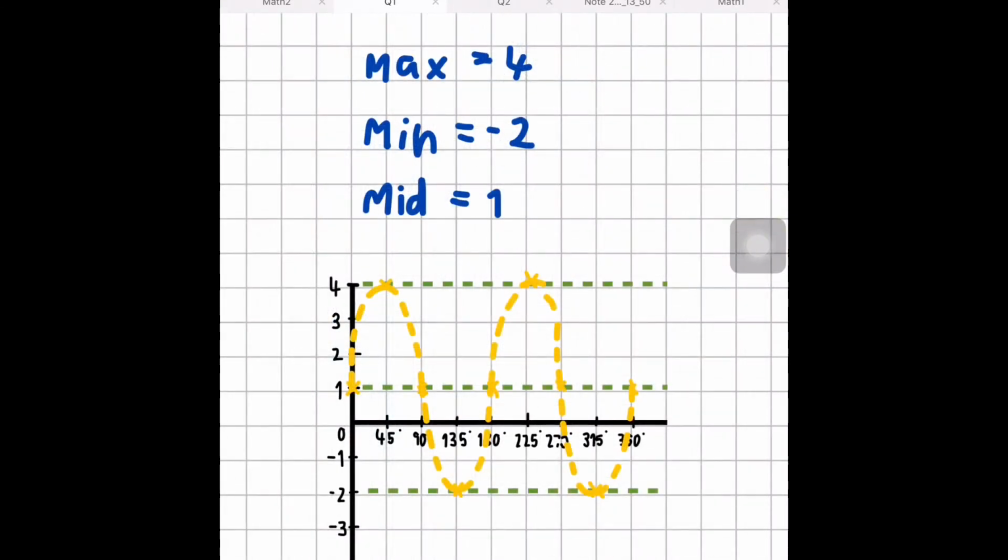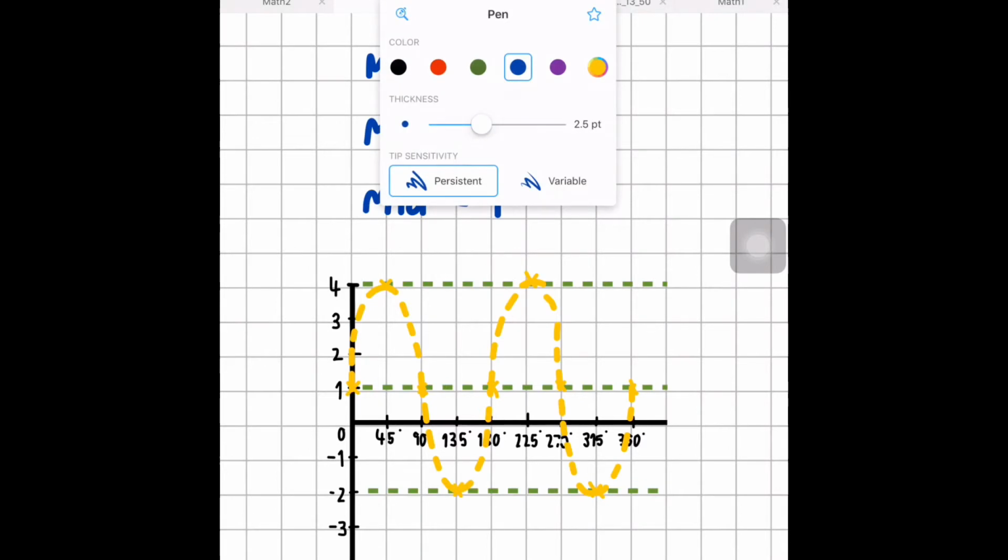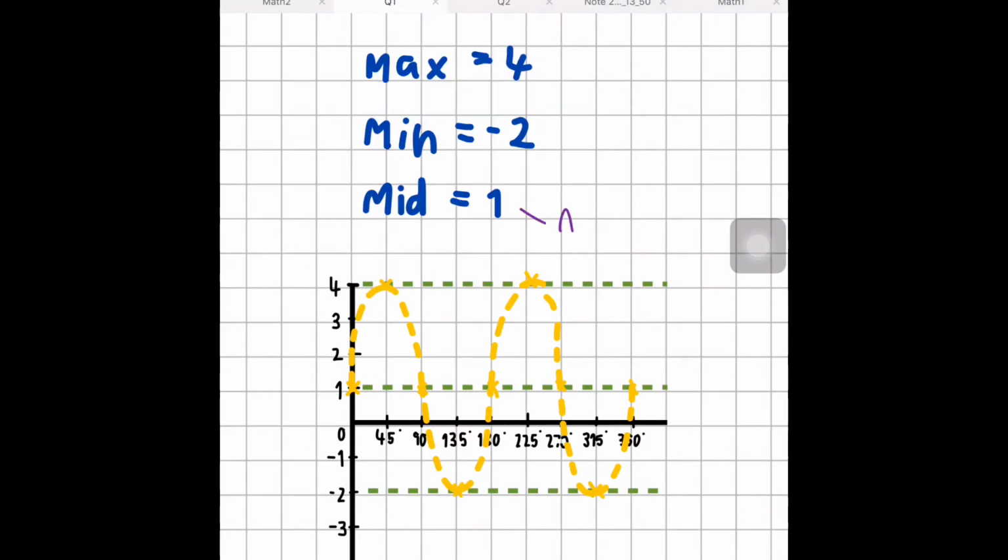Okay, let's plot a graph for this equation. Max is 4, minimum is -2, and midline is 1. Midline is the same as the axis.